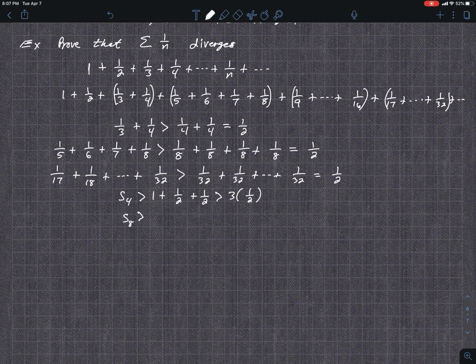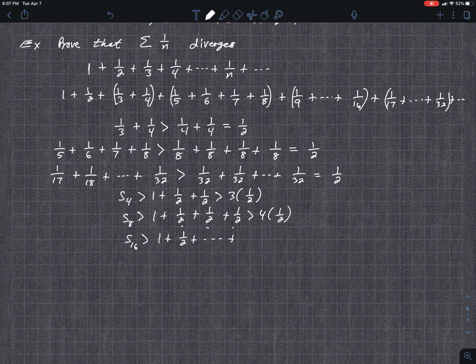So what we're analyzing is what the terms of the sequence are doing. S sub 8 is greater than 1 plus 1/2 plus 1/2 plus 1/2, rewriting the right-hand side of the stuff above, which is greater than 4 times 1/2.